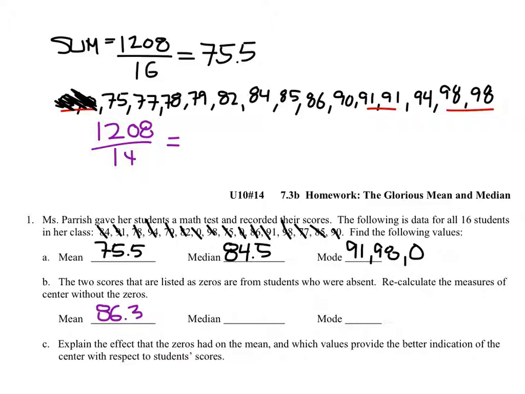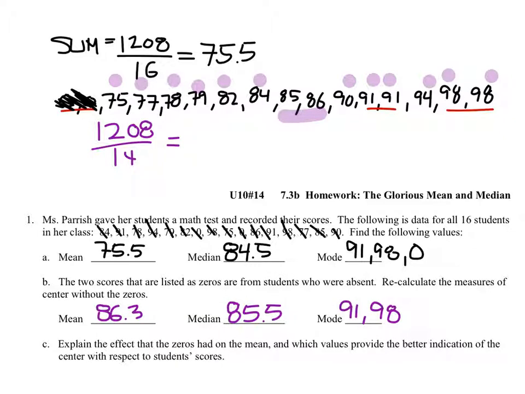And the median should move over just a little bit. Let's go ahead and check on that. So we see it's between 85 and 86, so 85.5. And the mode, instead of including 0 now, is just going to have the 91 and 98.